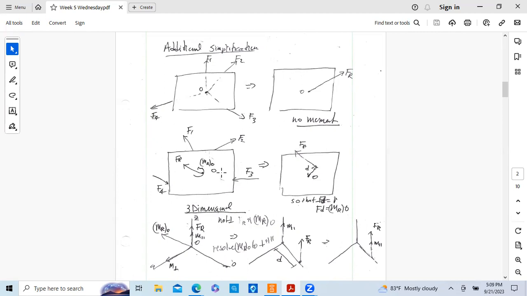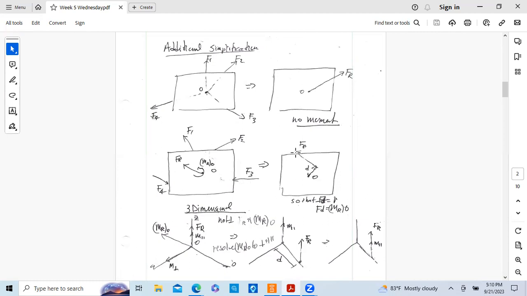So there's going to be a moment created by these forces along with the resultant force. And one of the things that you can do, and we'll show you this in a problem, is here's the resultant force. I'm going to position it some distance from that point O to create a moment that's going to be equal to the moment created by these 4 forces.